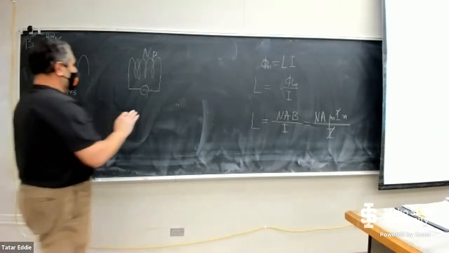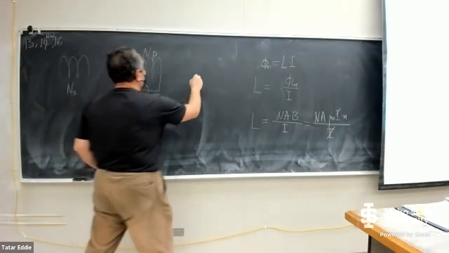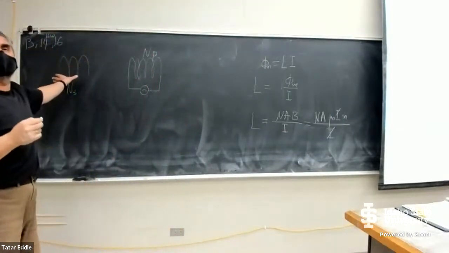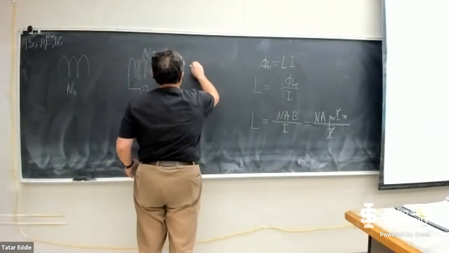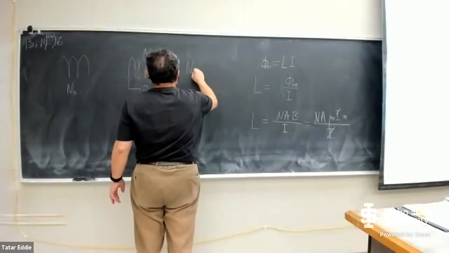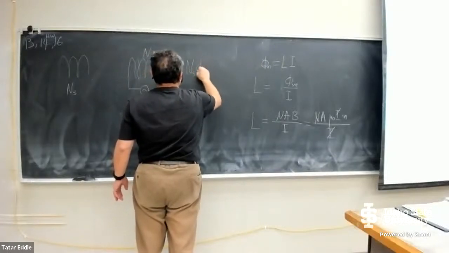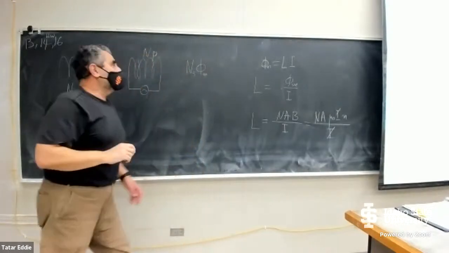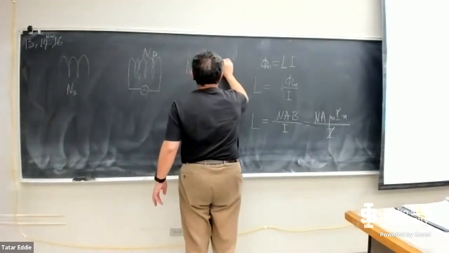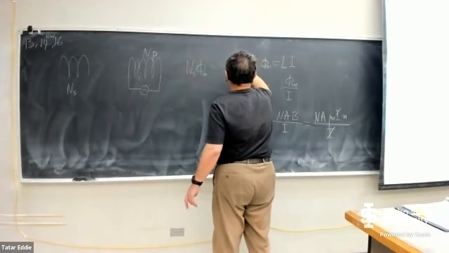So it is clear that the total magnetic flux in the secondary, which is the number of turns in the secondary times the magnetic flux through a single turn in the secondary, is going to be proportional to the current in the primary.